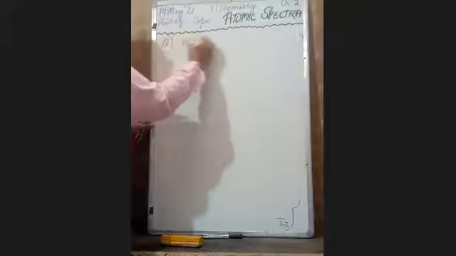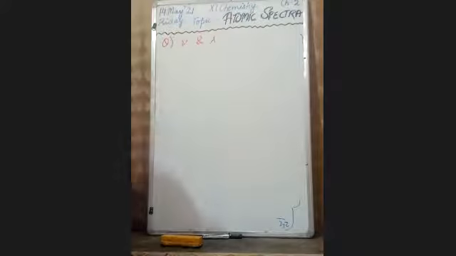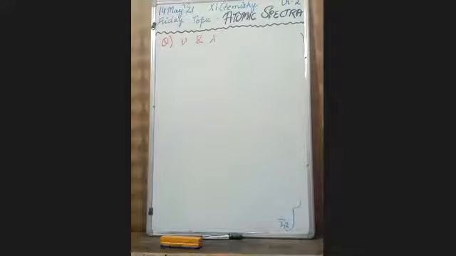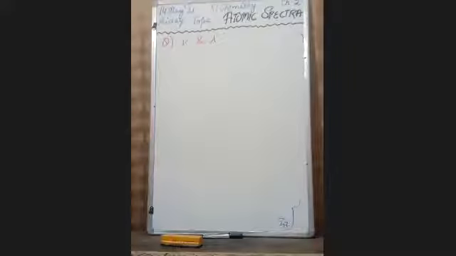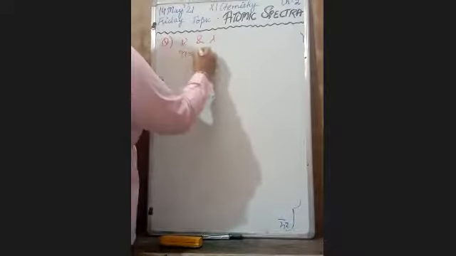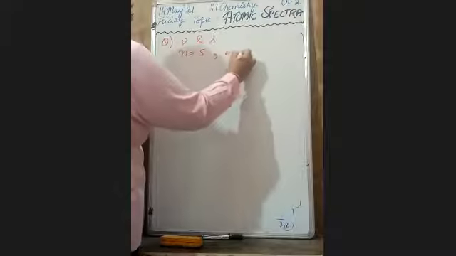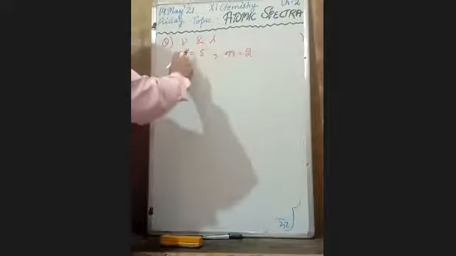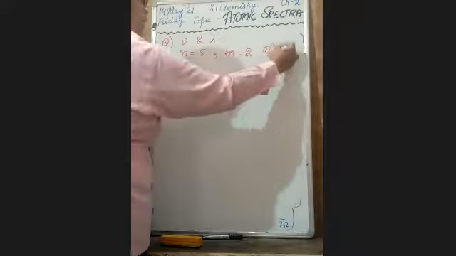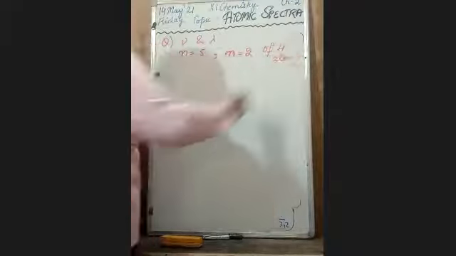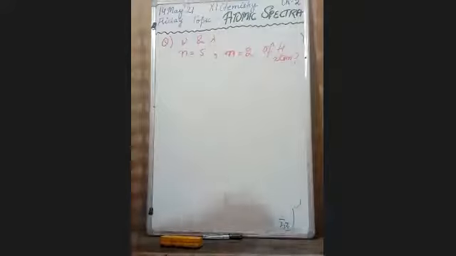You have to calculate the frequency and wavelength of a photon emitted during a transition from n is equal to 5 to n is equal to 2. Electron is jumping from this region to this of hydrogen atom. Question is clear to you?